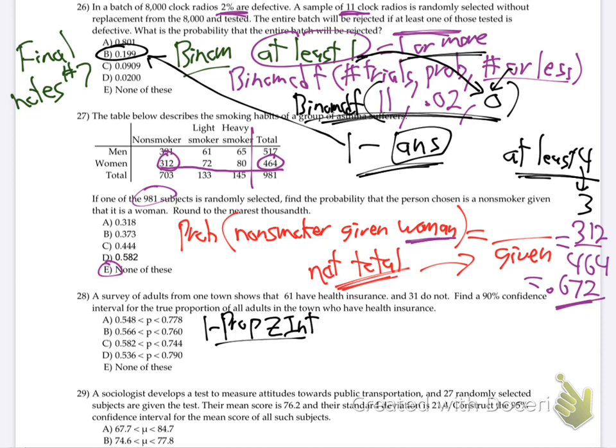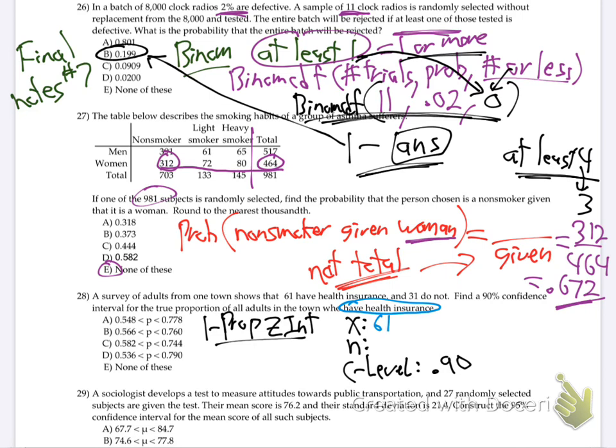It asks you for X, for N and for the C level. Confidence level is 90%. What is X in this one? Is it the 61 or the 31? 61. How do you know? 61 have. See what it's asking? Who have health insurance. That's 61.